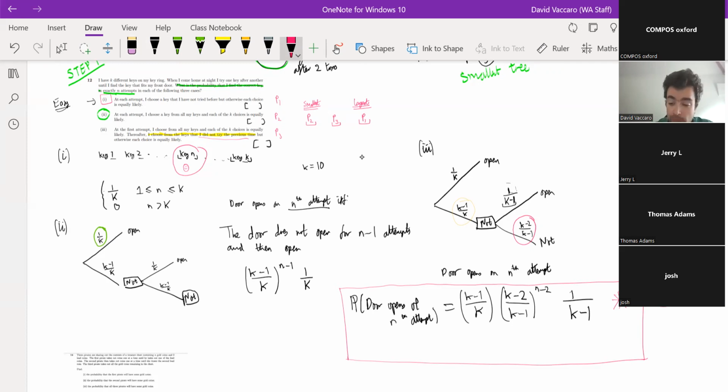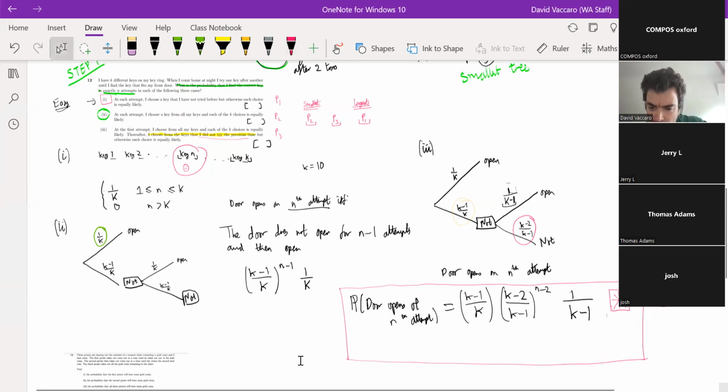Can anyone spot the problem with the answer that's suggested here? This is just a tiny little bit of professionalism in your work.